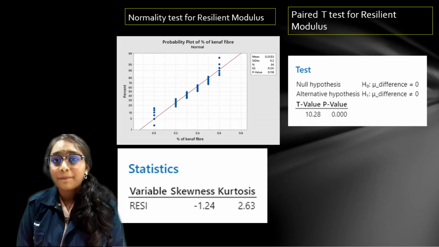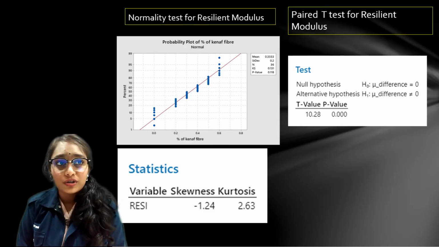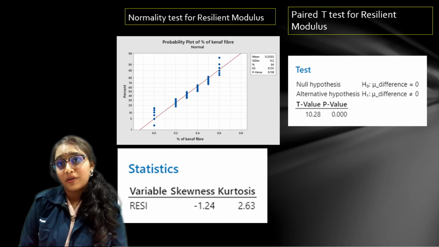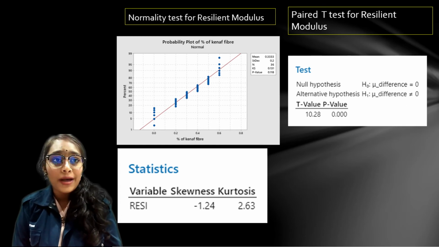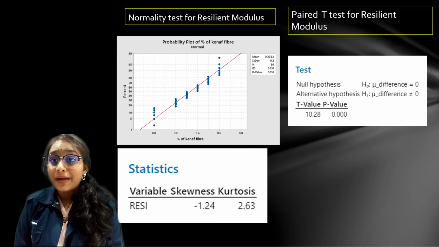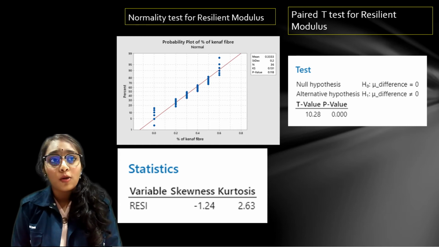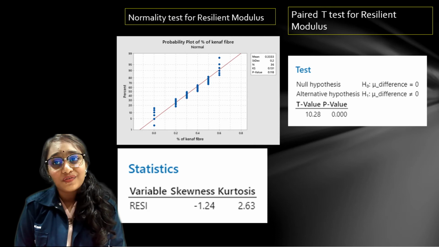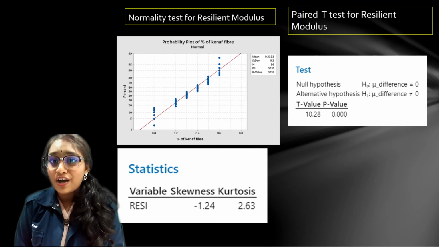A normality test is used to determine whether sample data has been drawn from a normally distributed population. If the assumption of normality is not valid, the results of the test will be unreliable. Normality is evaluated using the Kolmogorov-Smirnov test, where the p-value should be more than 0.05 to indicate the normality of the developed model.